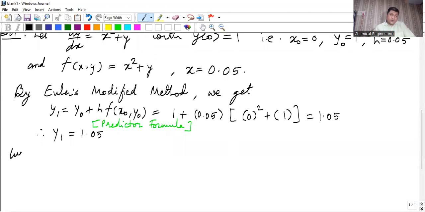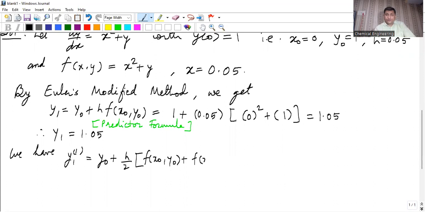So the first correction to y1 is y0 plus h by 2 times f of x0 y0 plus f of x1 y1. This is the corrector formula.